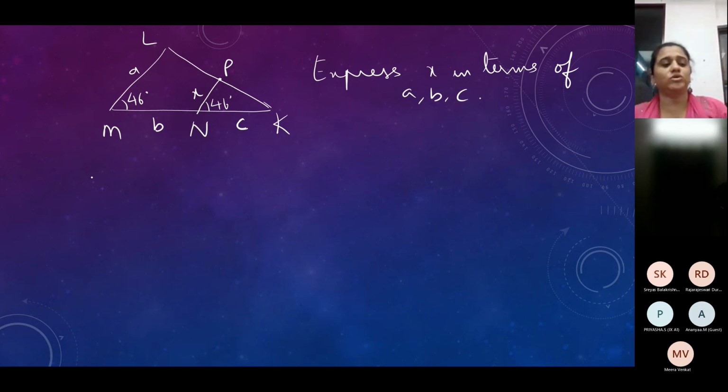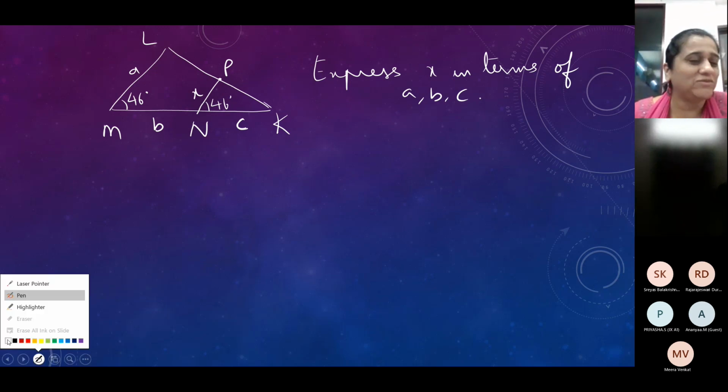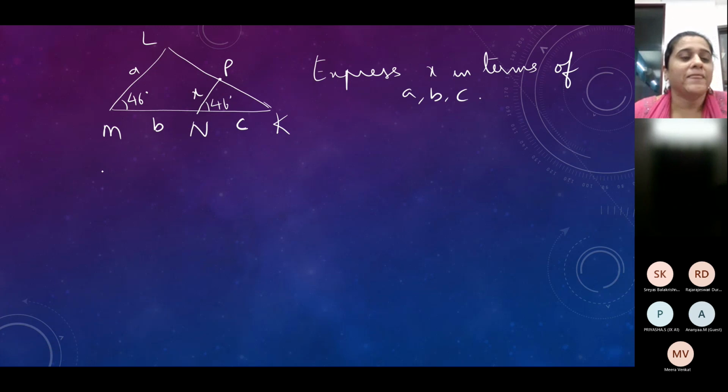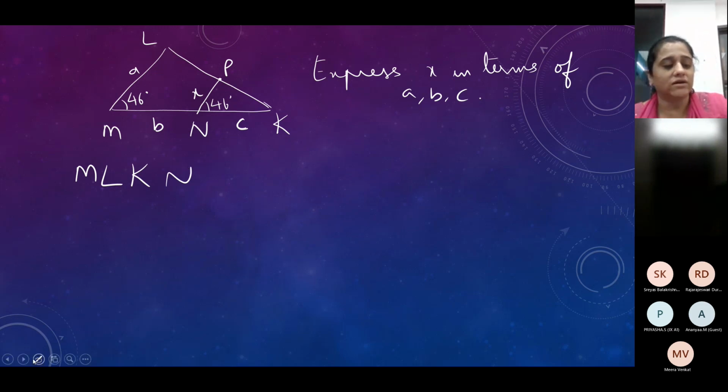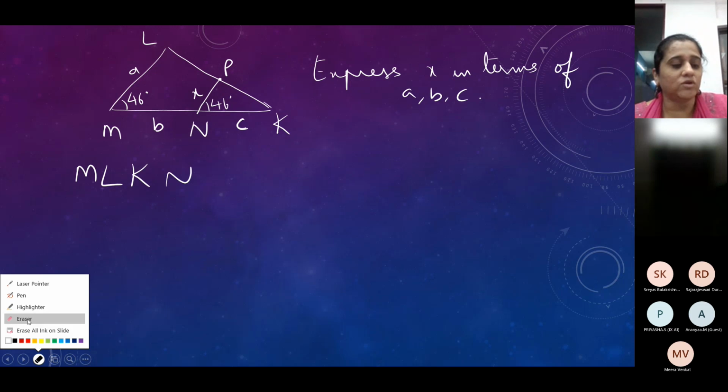Perfect. So you need to show that the two triangles are similar. I asked her to read from her book, so she read it out. So triangle MLK is similar to triangle NPK. How do we prove that they are similar? One angle is the common angle.